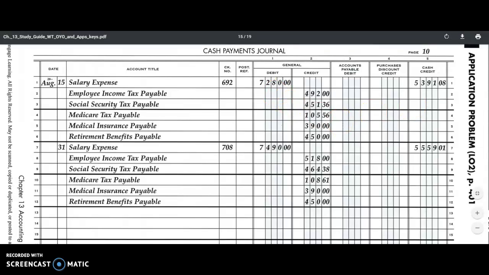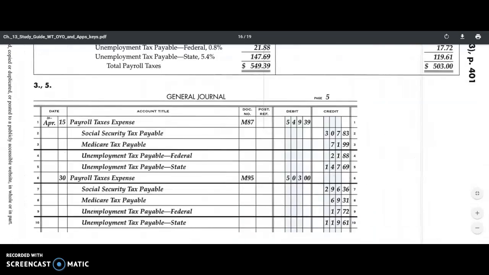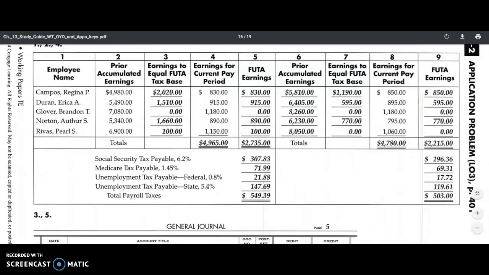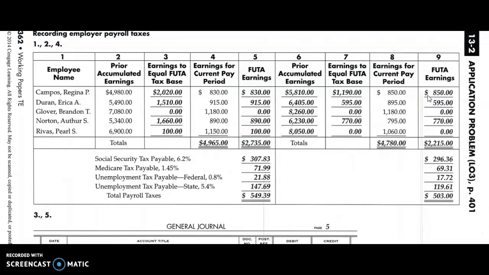That's application 1. Application 2 has you figuring out first this worksheet to figure out what you owe, and this is going to be for both pay periods. So for this one, you're going to look on page 401 and you're going to fill in the accumulated earnings for March 31st, the total earnings for the 15th payroll, and the total earnings for the 30th payroll.